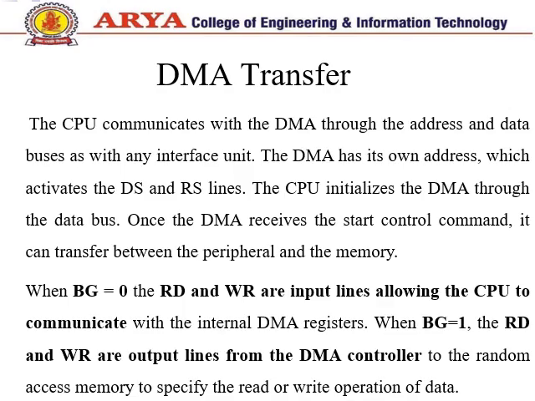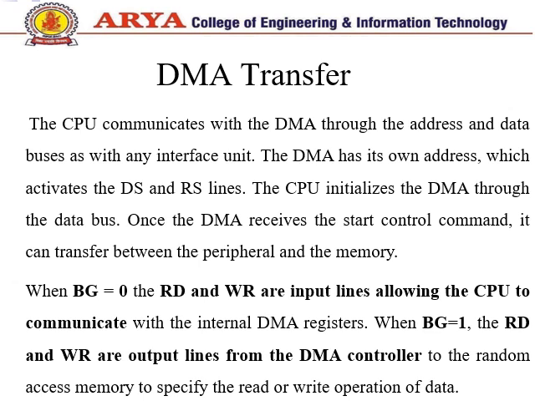What is DMA transfer? The CPU communicates with the DMA through the address and data buses. As with any interface unit, the DMA has its own address which activates the DS and RS lines. The CPU initializes the DMA through the data bus. Once the DMA receives the start control command, it can transfer between the peripheral and the memory.